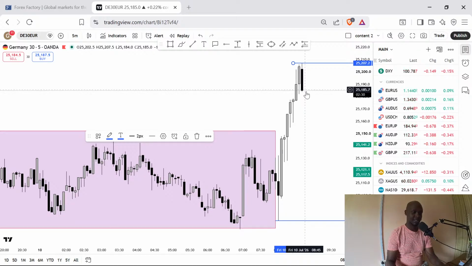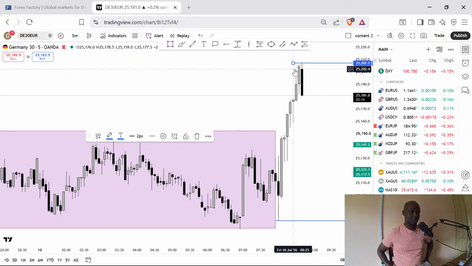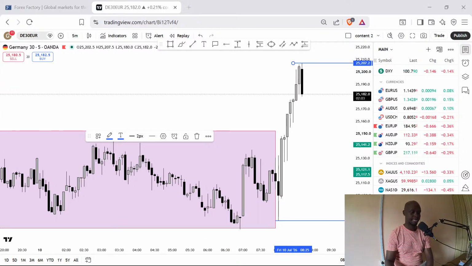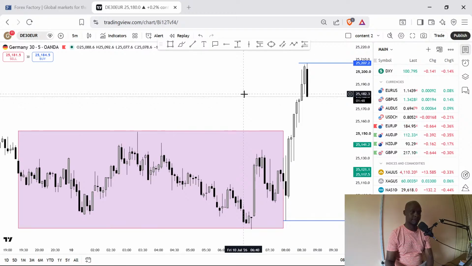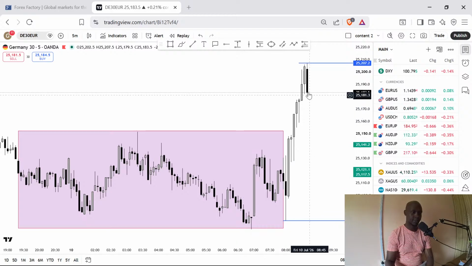If this candle continues with this selling momentum and closes below this candle with this sort of strength, then this will be an engulfing candle, which is not ideal at all. It could retrace almost all the way up to this level over here.